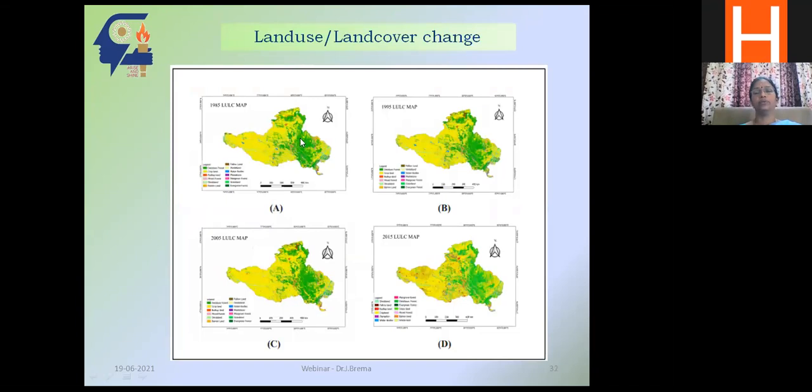And then the LULC map for various periods. For every decade it was calculated. So from 85 to 2015, I can see the increase in red spots. Okay, these red spots are the settlements. So whenever you say sedimentation or runoff increase or flooding, all this is because of impermeability.